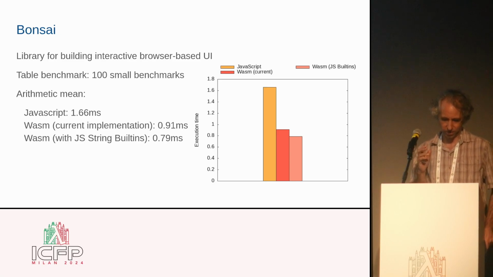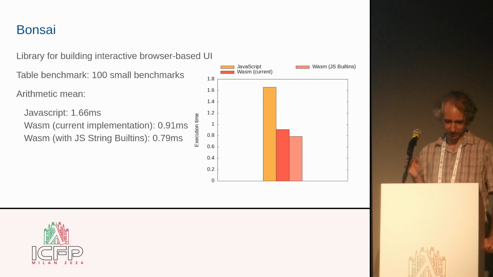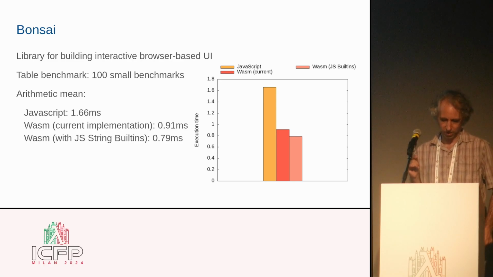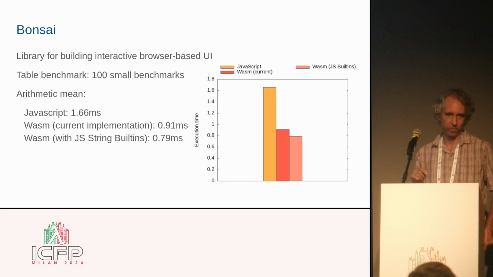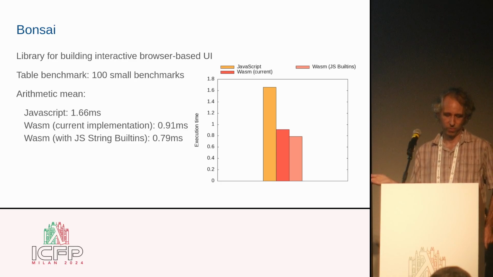And using some native functions to convert between JavaScript strings and Wasm arrays of bytes, it is actually twice faster.